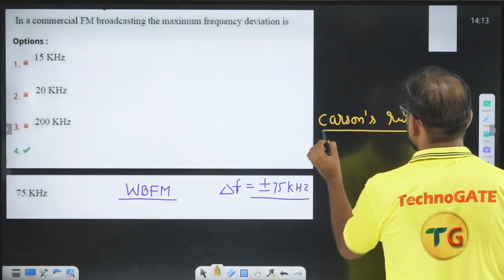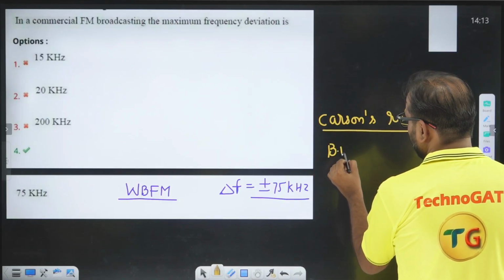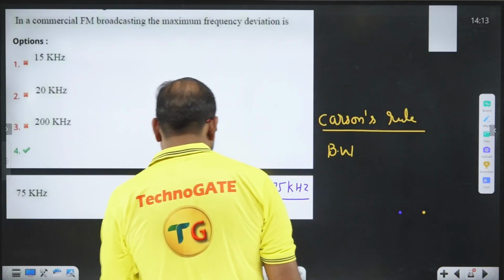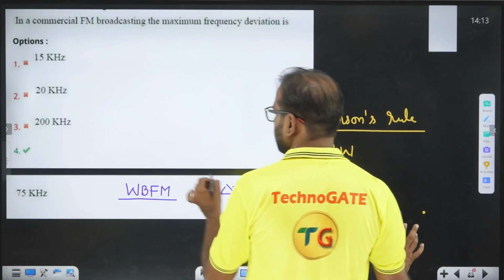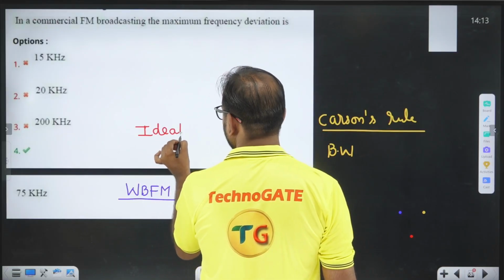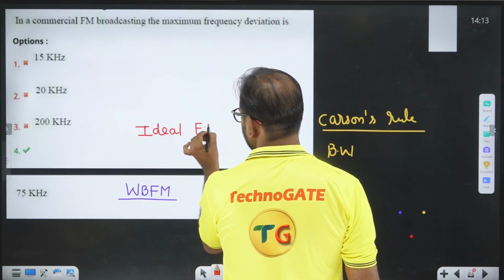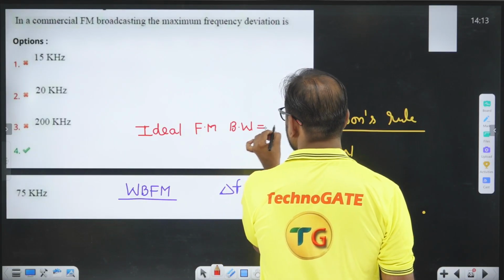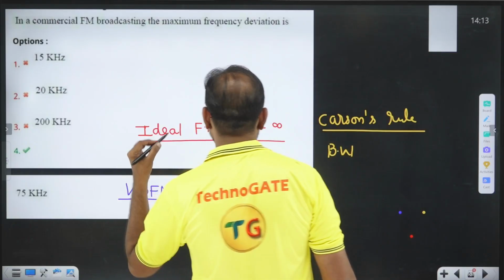Carson's rule is for the bandwidth calculation. If someone asks what is the ideal bandwidth of FM, always remember the ideal FM bandwidth is infinite. There is no doubt about it.